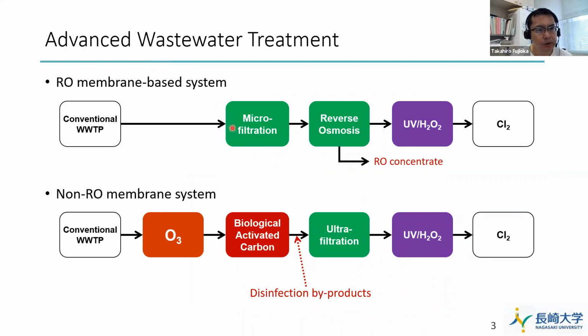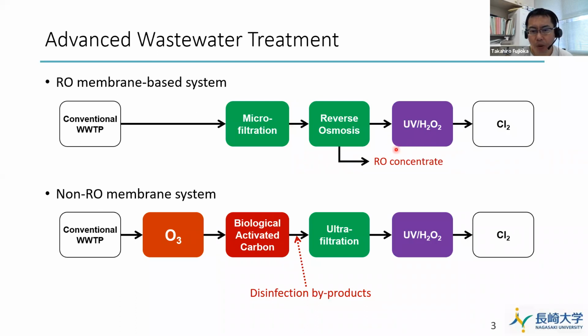At the advanced wastewater treatment plants, most of the plants have employed RO membrane-based systems where the secondary effluent is treated by microfiltration, reverse osmosis, and advanced oxidation processes.